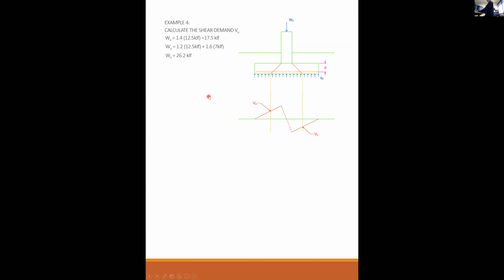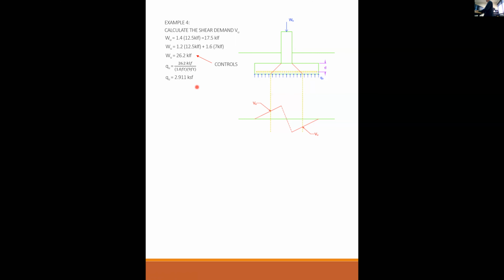That's 26.2 kips per lineal foot. That controls. So my factored soil pressure is 26.2 over a 1-foot wide strip by a 9-foot wide footing. That gives me 2.911 kips per square foot.